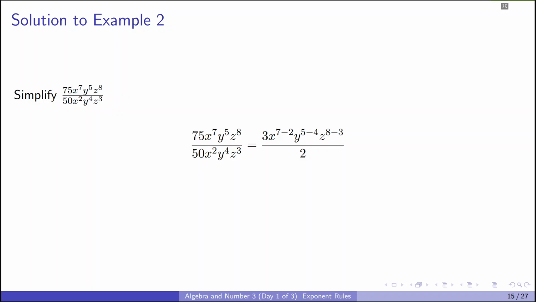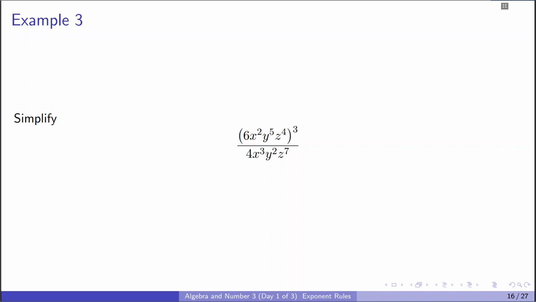That turns it into 3 over 2. Now for the rest, we are looking to say 7 minus 2, 5 minus 4, 8 minus 3 as our exponents, because it's numerator minus denominator. That simplifies to 3 halves x to the 5th, y, z to the 5th.